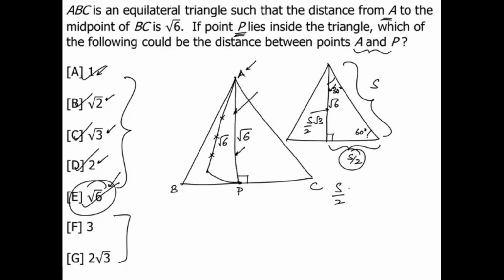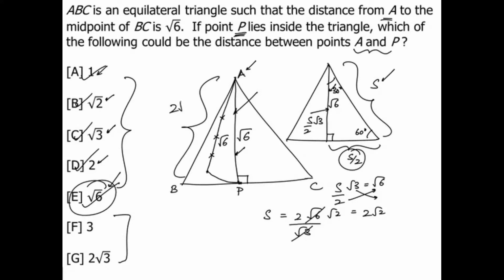So that would give us the length of the side. So S would be 2 root 6 over root 3. I'm moving these terms here. That knocks out the root 6, we'll be left with root 2. So the side of the equilateral triangle is 2 root 2. And root 2 is about 1.4, so this number is approximately 2.8.